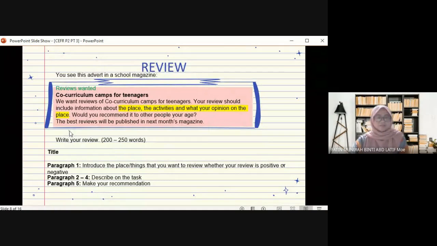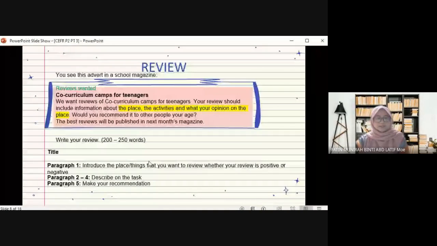And paragraph 5, make your recommendation. Sama ada nak recommend kepada orang umur apa, macam would you recommend to other people of your age? Nak recommend tak tempat ni pada kawan-kawan kamu?